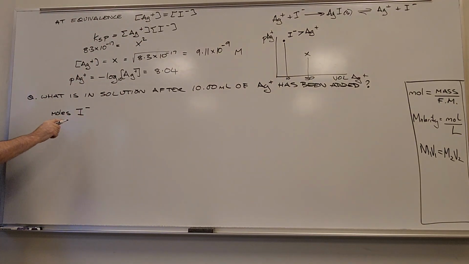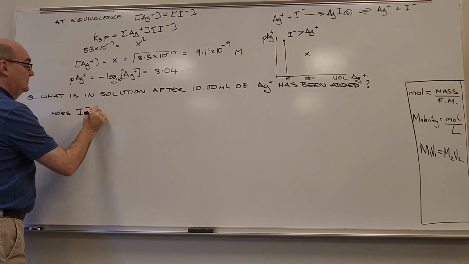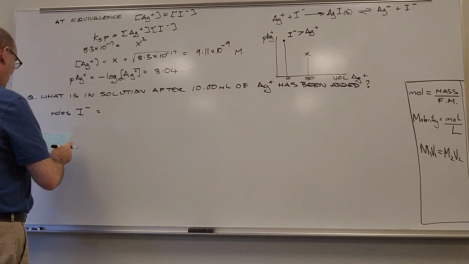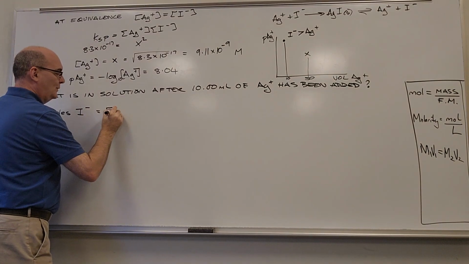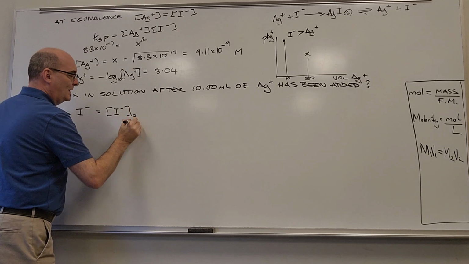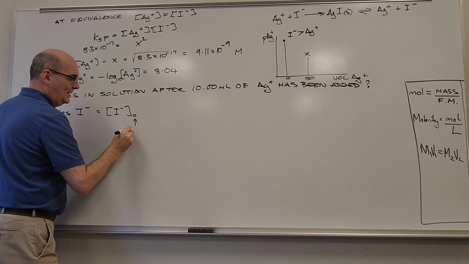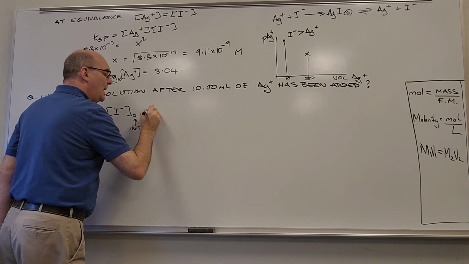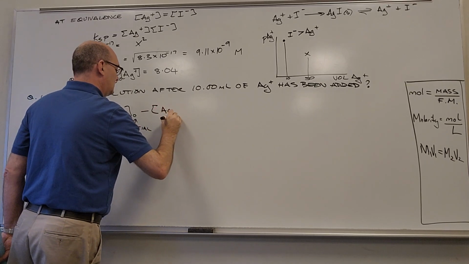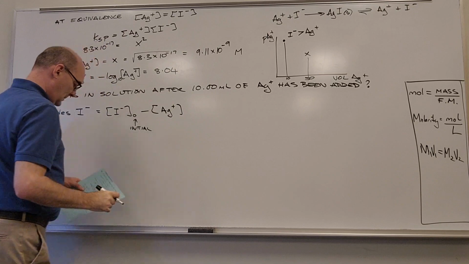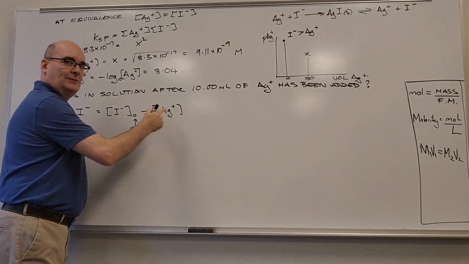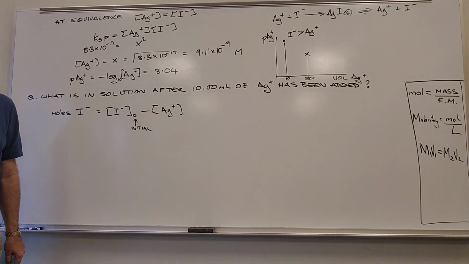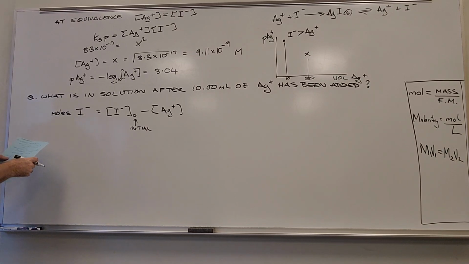So the moles of iodide that's swimming around in solution is equal to the number that you started with. Remember, if anything has a 0 in it, that's my initial amount, minus the concentration of the silver that has been added and therefore precipitated. Okay.